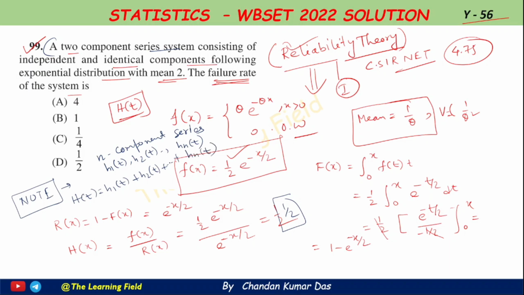This is a theorem, or note. So here we have two components each with hazard rate half, therefore our answer is half plus half, which equals 1. So 1 is our answer, and option B is correct here.